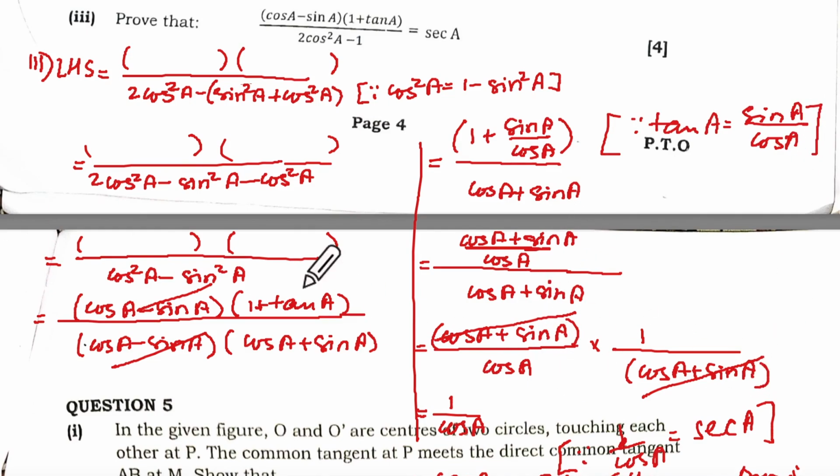Anything else we have to know? Sin square a plus cos square a equal to 1. Fine? So I want to stop here.